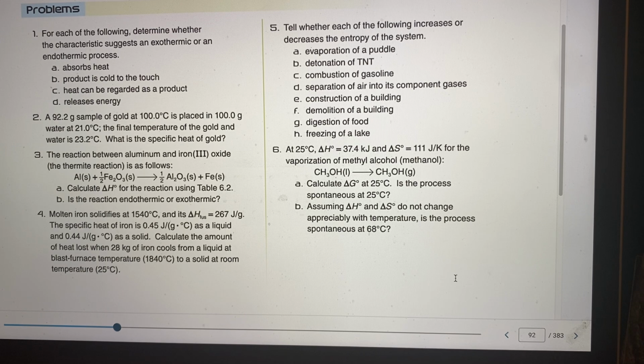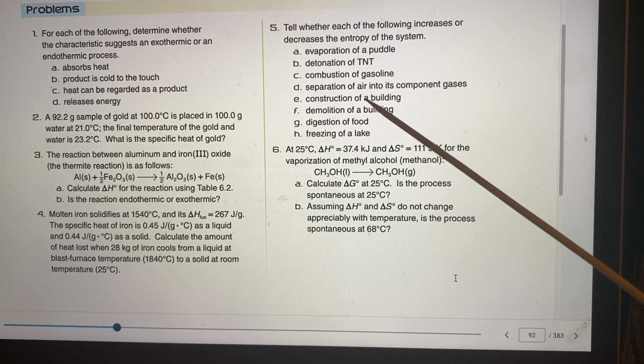B, the detonation of TNT. This is a bomb going off. What do you have then? You're going to have a drastic increase in entropy, because it's basically going from order and blowing up into disorder, right? So this is going to be positive.